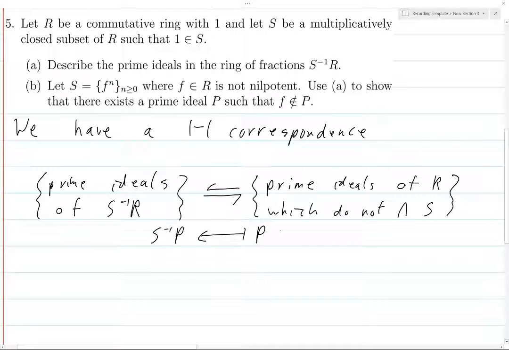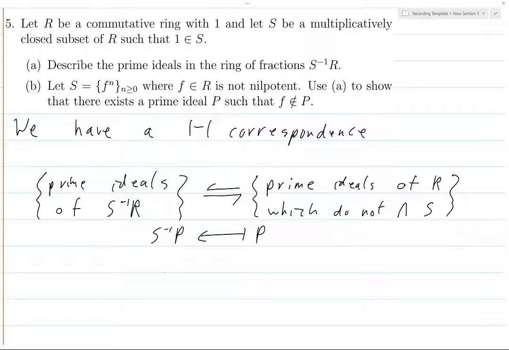If you take a prime ideal in R which does not intersect S, and you pass it through this map where you take all fractions of this prime ideal where the denominator belongs in S, then you get a prime ideal of S inverse R. And it turns out that this is a one-to-one correspondence.